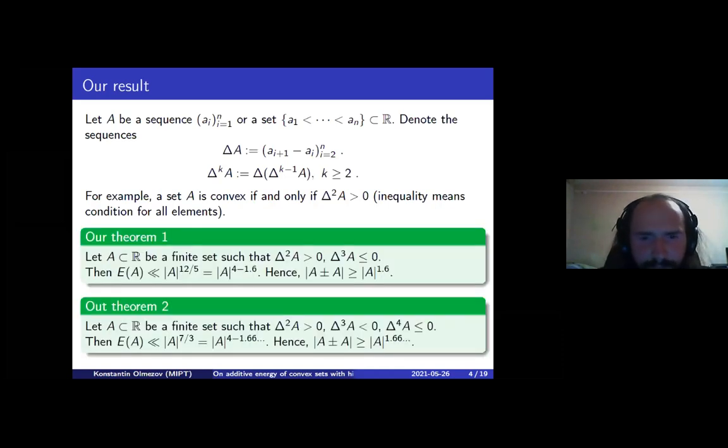And I study sets with non-positive third discrete derivative and non-positive fourth discrete derivative, and I obtain a strong bound for additive energy of these sets.